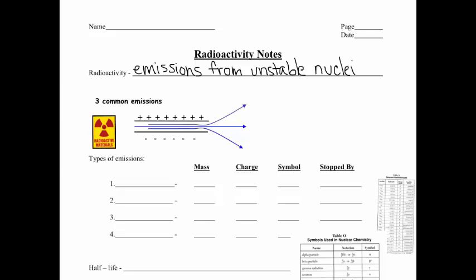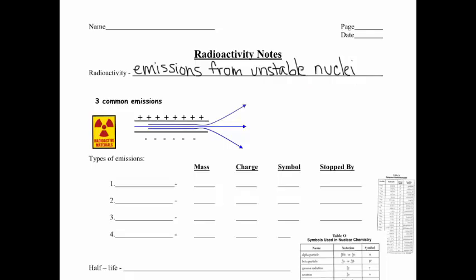So those positive charges are actually kind of buffered from each other by the neutrons that are also in the nucleus, and they kind of shield that positive repulsion and allow them to exist in that small space. So once you get out of that 1-to-1 ratio, you don't have that nice sweet spot that allows the nucleus to be stable, and instead you end up with these unstable nuclei that would then emit particles from the nucleus.